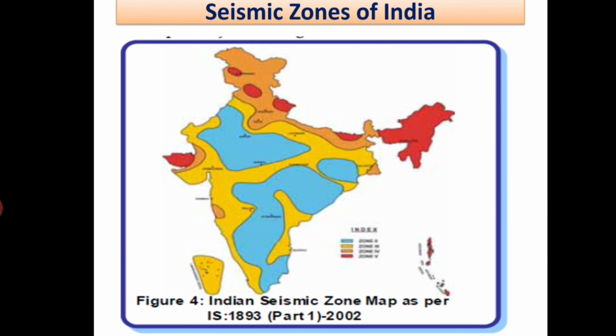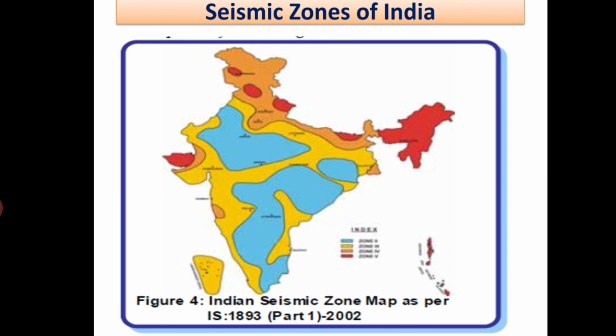If the building is located in Bhuj, it is in zone 5, so we will very precisely design the earthquake resistance of this high rise building. If we construct in the Saurashtra region, it is covered by zone 3, so we use a somewhat lighter earthquake resistant design. That is why the zones are divided all over India, by IS 1893 part 1 2002.